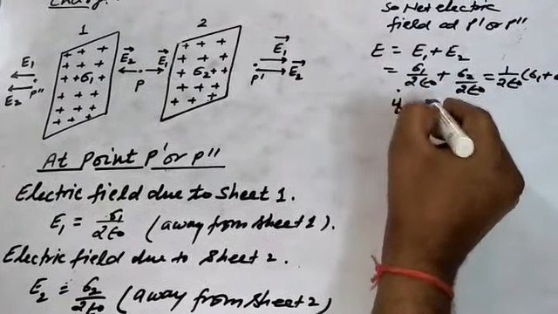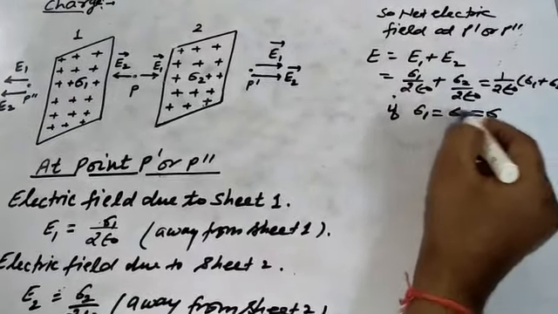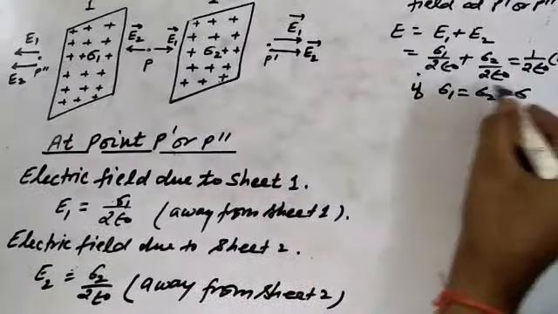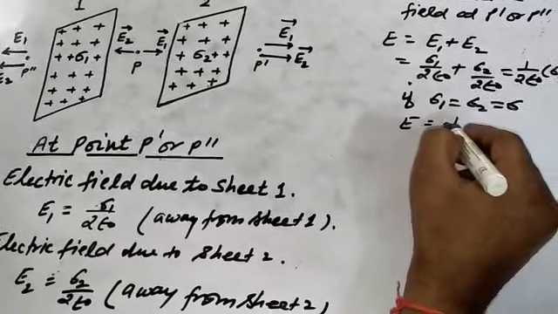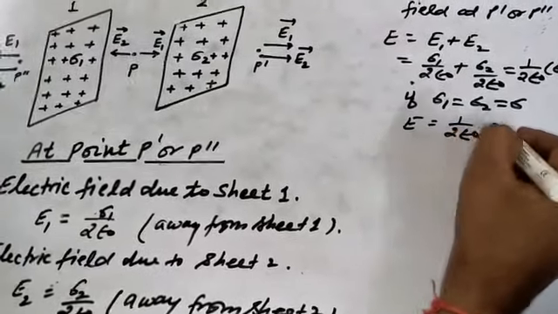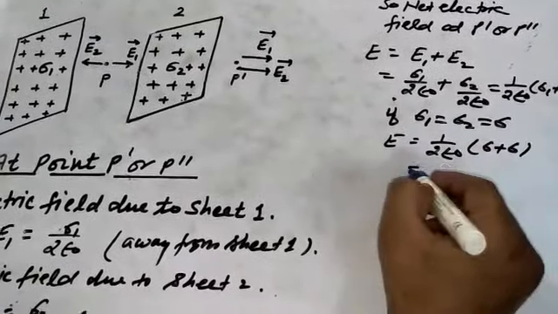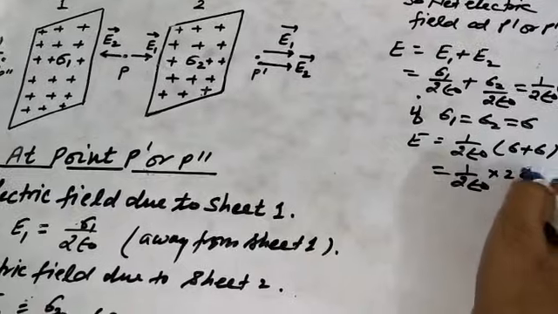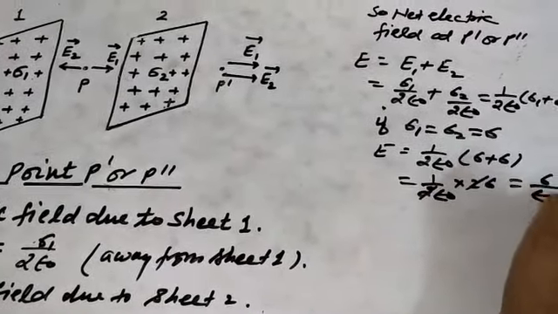And if sigma 1 is equal to sigma 2 is equal to sigma, suppose the surface charge densities of both sheets are equal, then E becomes 1 upon 2 epsilon naught times sigma plus sigma. We can write 1 upon 2 epsilon naught into 2 sigma, the 2 is cancelled by 2, and this becomes sigma upon epsilon naught.